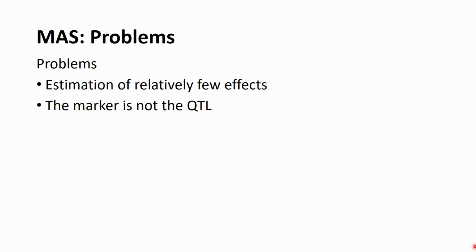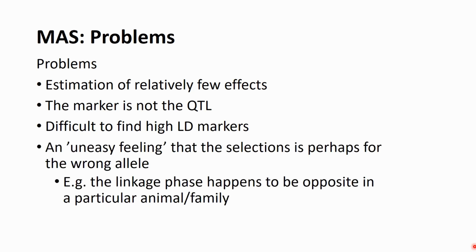The first one being that there were relatively few effects estimated, and these markers were actually not the QTLs themselves. It was difficult to find markers that were in high LD with any QTLs, and there was also this, well, uneasy feeling that the selection is perhaps for the entirely wrong thing, because these linkage phases could be, well, different in different populations or different families.